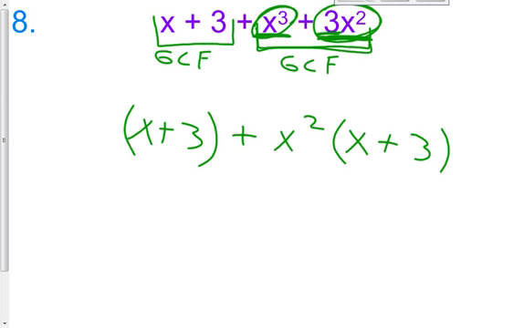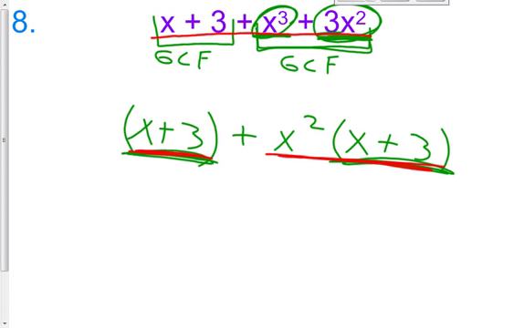All right, now here's the next thing that you do. You have this x plus 3, and you have this x plus 3. So you made these 4 terms, 1, 2, 3, 4, into 2 terms. Here's one term, and here's the second term.